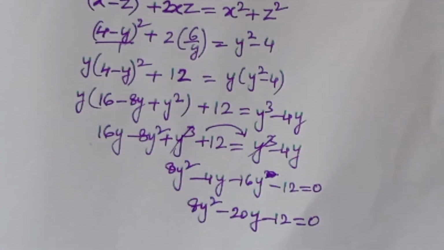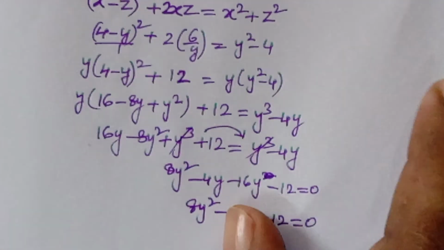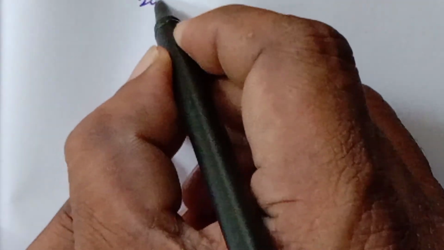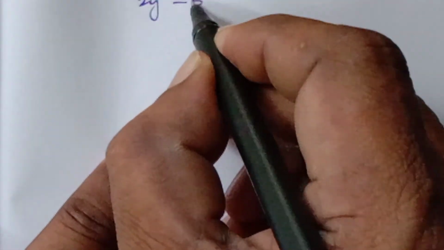So here you have to find the factors of the quadratic; this is a quadratic in y. What are the factors you'll get here? Taking 4 common, 2y square minus 5y minus 3 equal to 0.